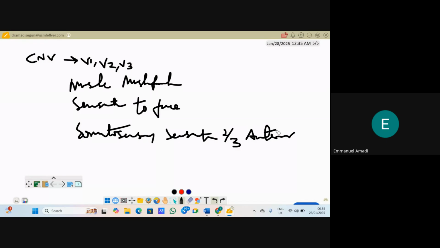If I ask you, this food you threw away because it was very hot, is it sweet or is it salty? You will tell me you don't know. The only thing you know was that it was very hot. That's why you spit it out. So please know that somatosensory sensation is different from taste. Trigeminal does somatosensory sensation.